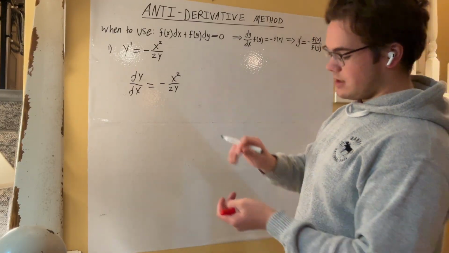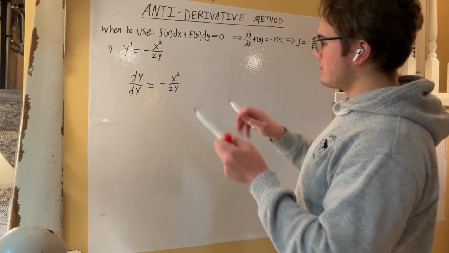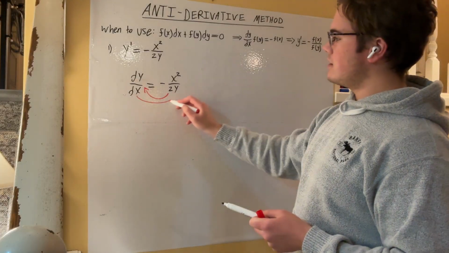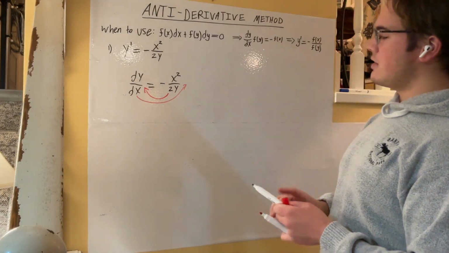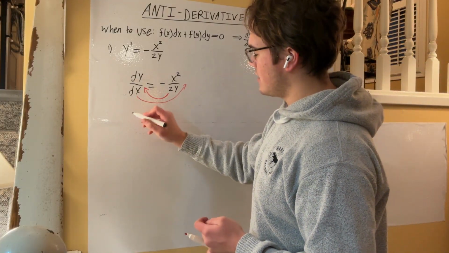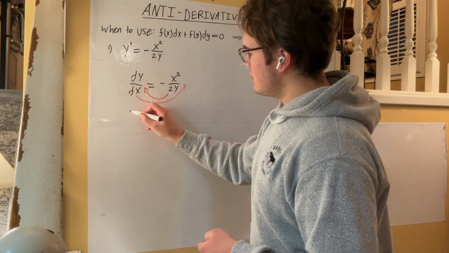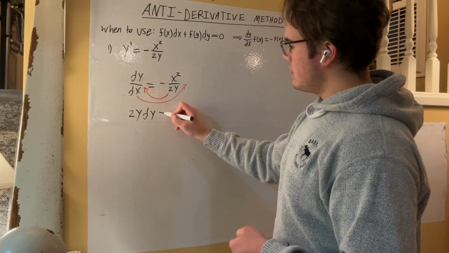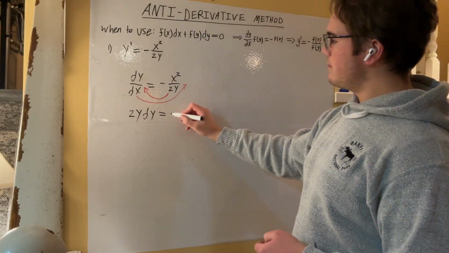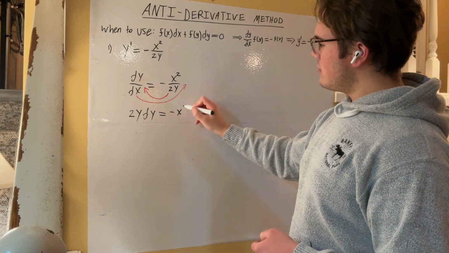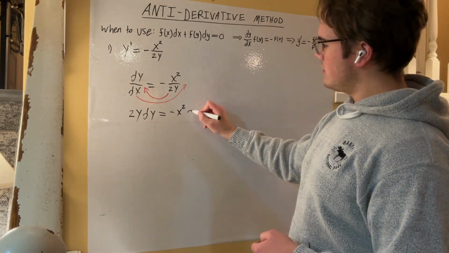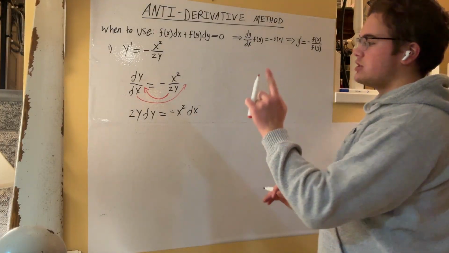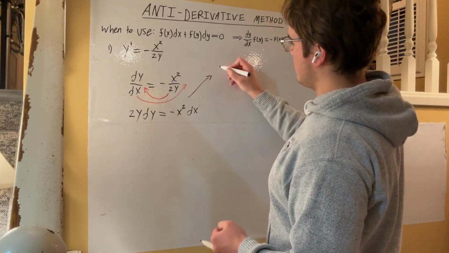So I'm going to take 2y and multiply it to this side, and I'm going to take dx and multiply it to the other side. So what that's going to leave us with is 2y dy is equal to negative x squared dx.